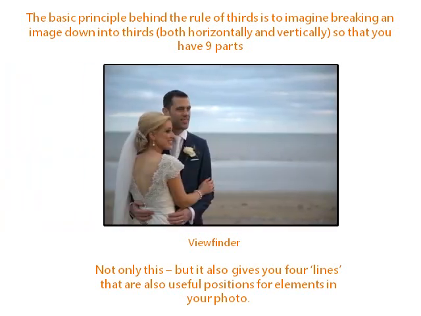So how does it work? Well, we've taken a picture of the bride and groom. The first thing that we do not do is put the person or subject in the middle of your photograph. If you do this, you're going to end up with your holiday snap. You put the person on the line of your right hand side or your left hand side, and we also keep the horizon away from the middle.